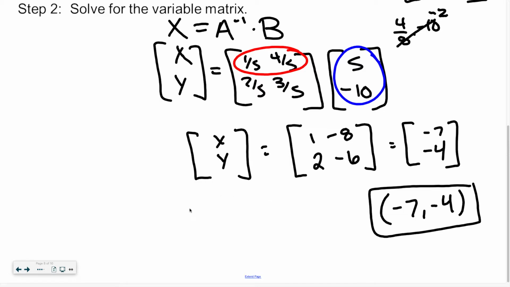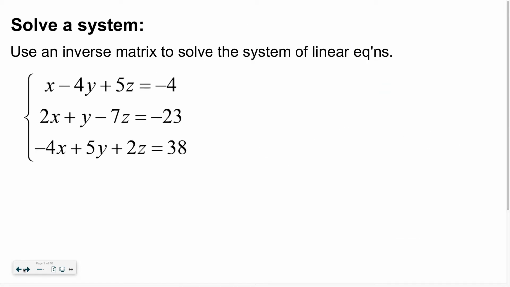Okay, so I could ask you to do a 2x2 on the no calculator part. If you had a 3-variable system, you would have to use your calculator. I think I used the same coefficient matrix as our previous inverse.